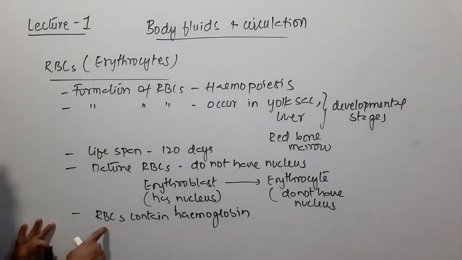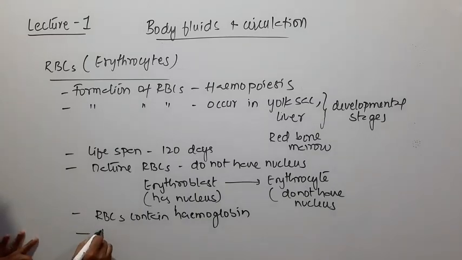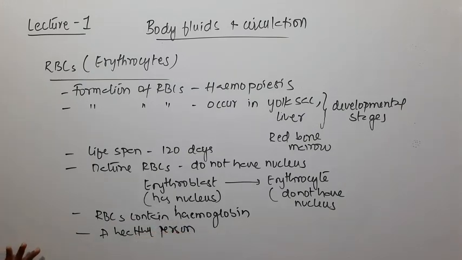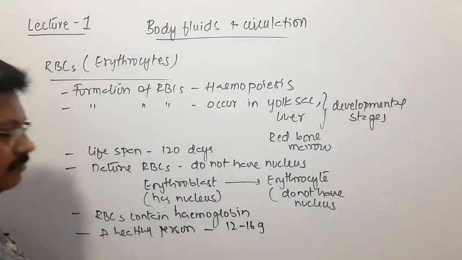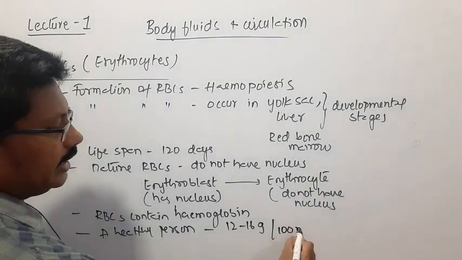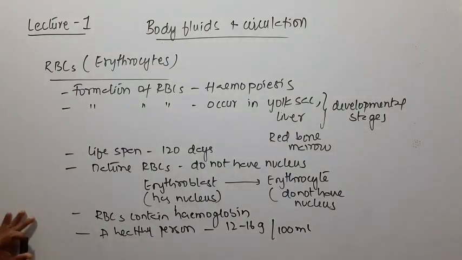So RBCs contain hemoglobin. In a healthy person, the quantity of hemoglobin is around 12 to 16 grams per 100 ml.